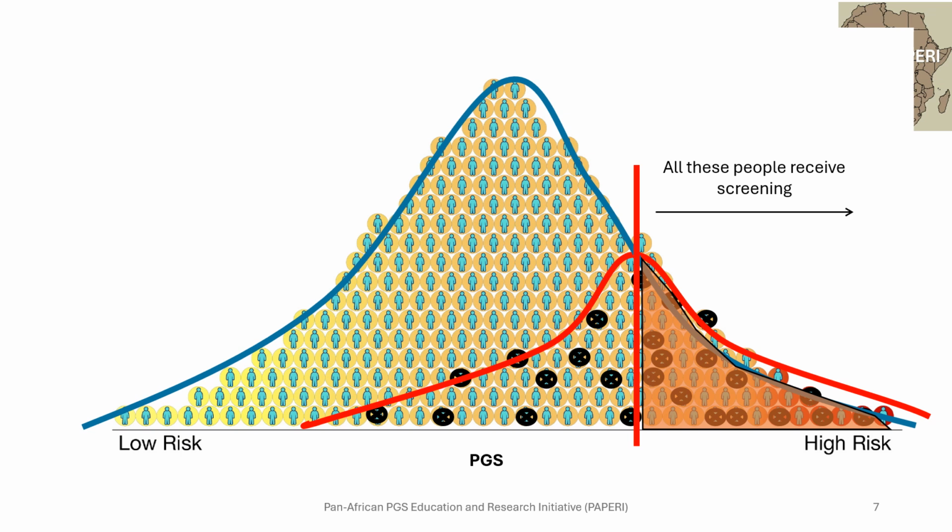And when we shift around this threshold, where if people have a value higher than it, we take action, you can see we do capture more of the cases, right, who could benefit from the altered screening protocol or the intervention. However, at the same time, we include a lot of disease-free people.